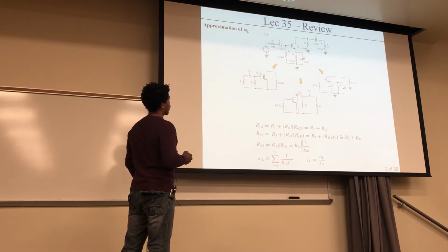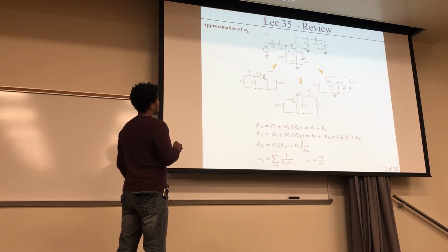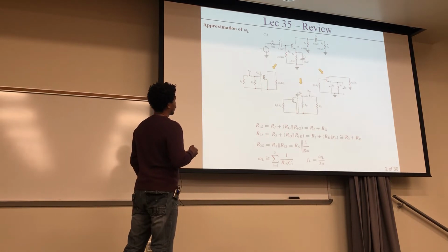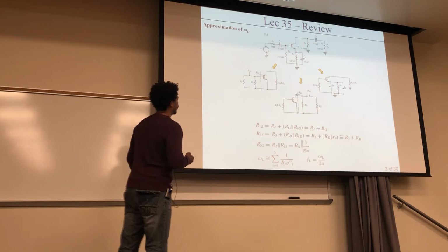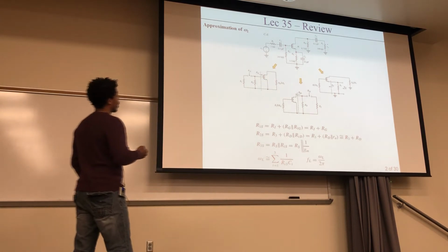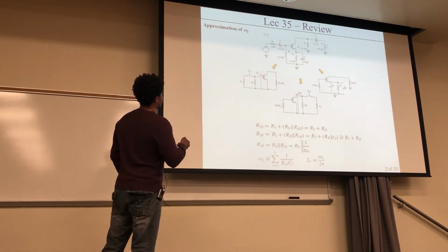What we did is transform the capacitors into different types of circuits. For example, for C1, we converted it to some resistor R1S, and then we shorted the other capacitors and made this circuit.